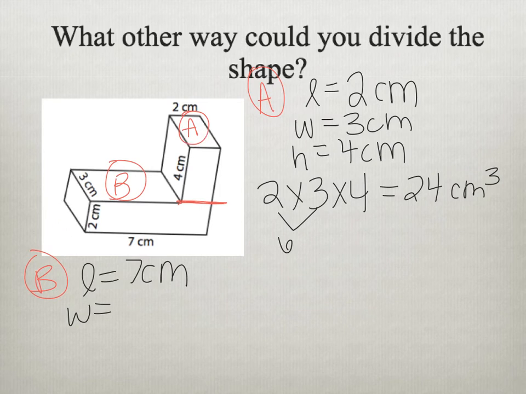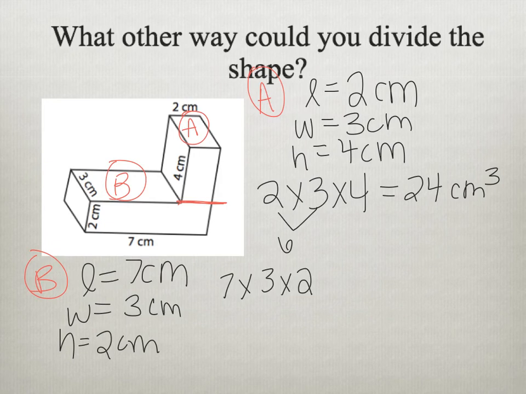Remember, our width for the whole shape is the same. It is 3 centimeters. And my height is 2 centimeters here. So let's multiply all those together. 7 times 3 times 2. 3 times 2 is 6, and 7 times 6 is 42.